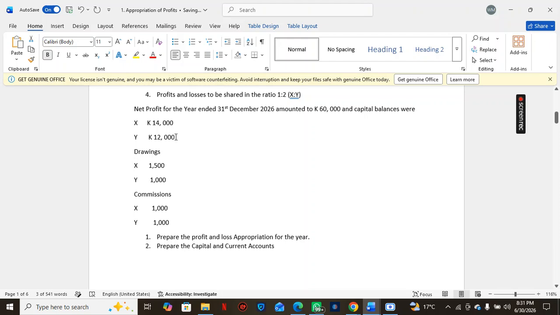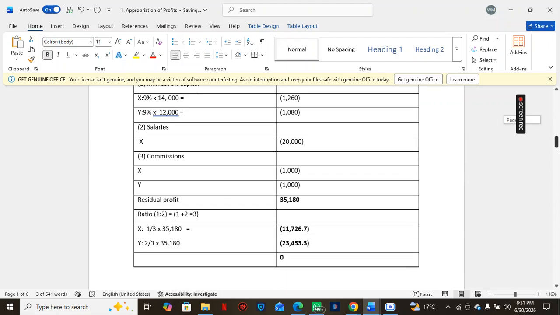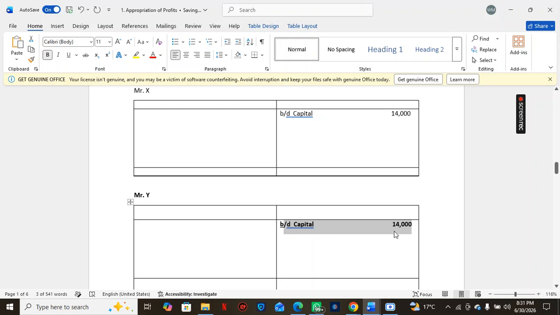Capital balance, Mr. Y, 12,000. Okay. That's all you put in the capital account. It's just the capital that's been put in.